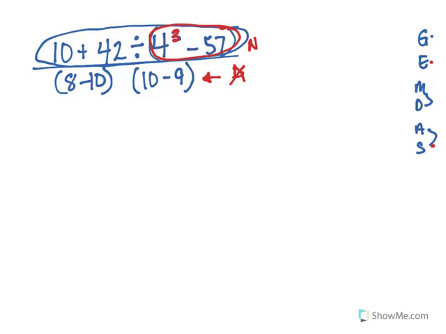So I'm going to show my work on the side. 4 times 4 times 4. It's all about that base. 4 to the third power. 4 times 4 is 16. Scratch, scratch. I got to bring down that 4. 16 times 4 is 64. So that really says 64 minus 57.